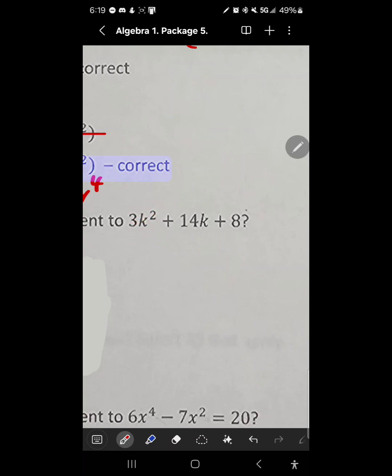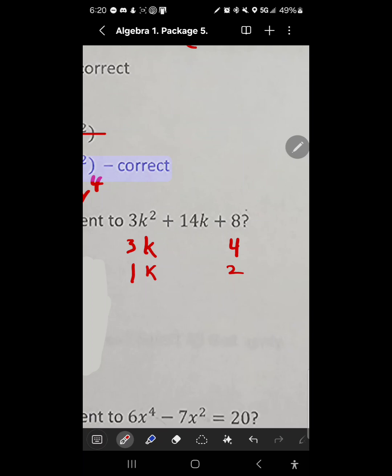So what two numbers do I have that I multiply and I get 3? It's just 3 and 1. So I'm going to say 3 and 1, k. If I multiply 3k times k, I just get 3k squared. And now what two numbers do I have that I multiply and I get 8? I just say 4 and 2. So 4 and 2.